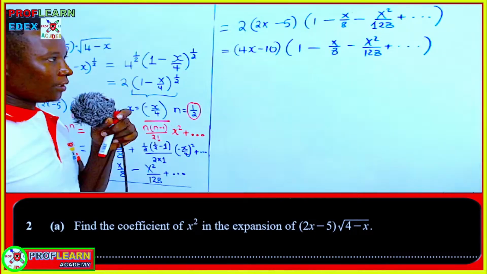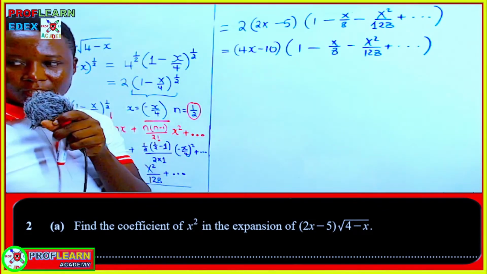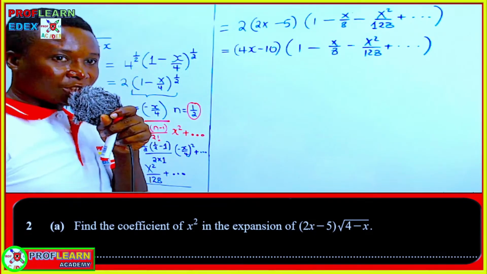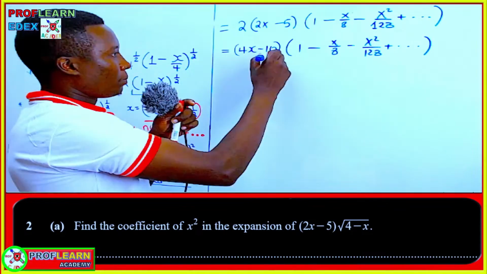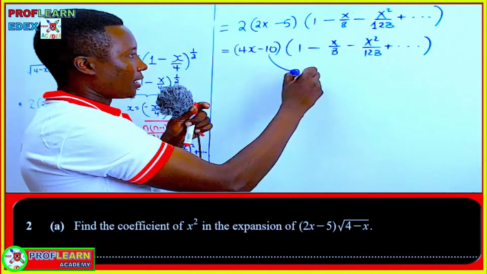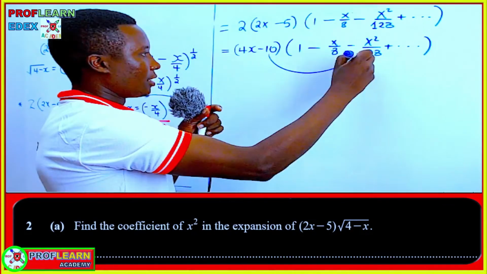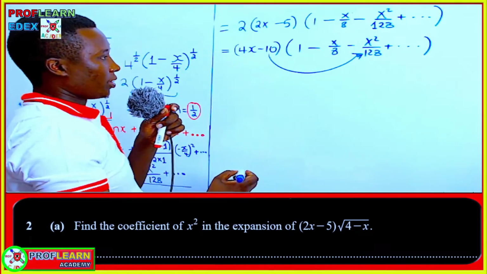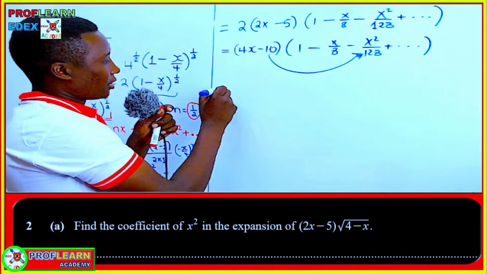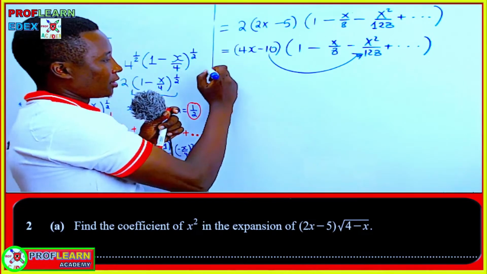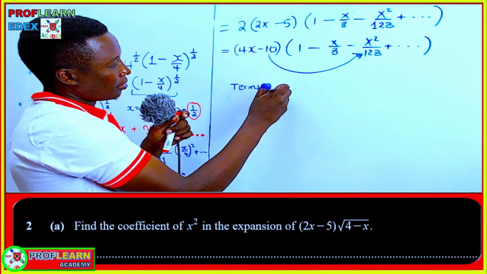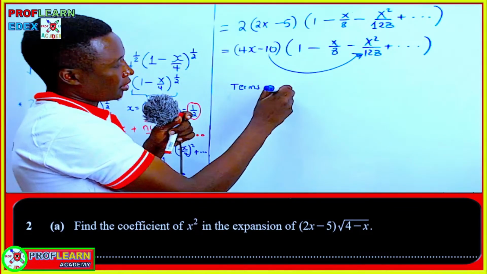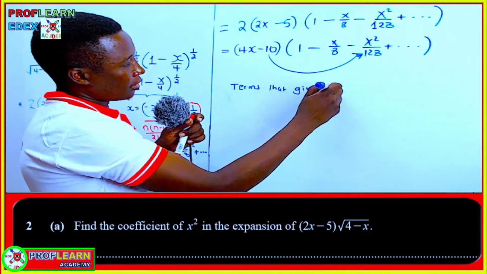So we're going to see which part we will multiply in order to get a coefficient of x squared. I can see comfortably that if I multiply 10 and this, I can get a coefficient of x squared.